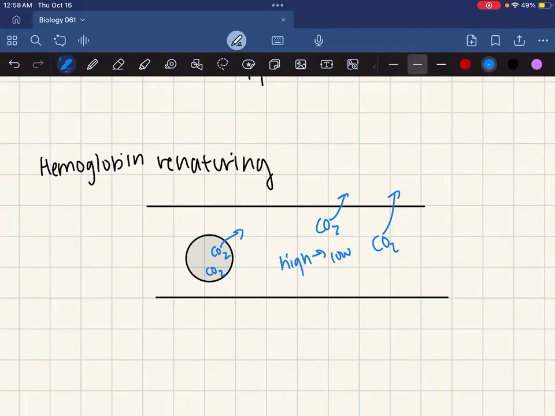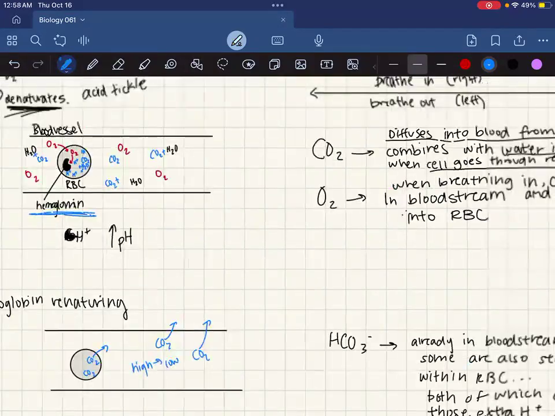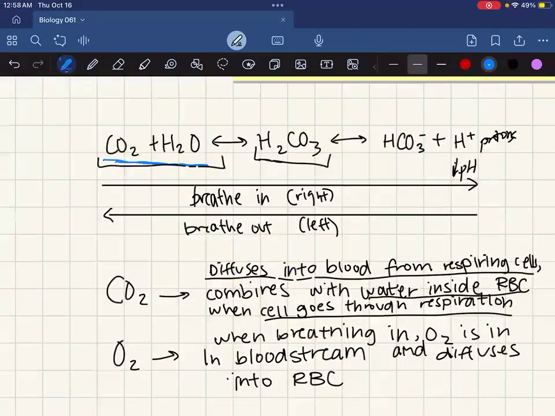And that pulls the reaction towards the left, where we are breathing out, and it's where the H plus ions and bicarbonate come together to form our carbonic acid, releasing the products of carbon dioxide and water.